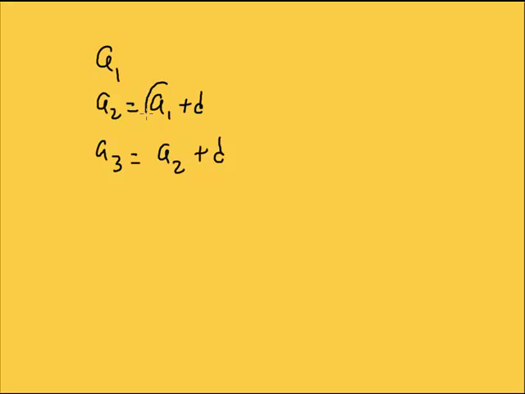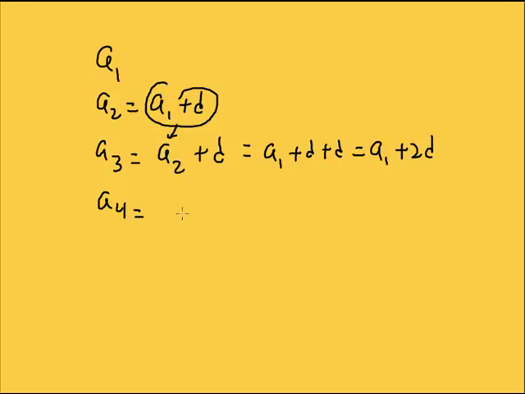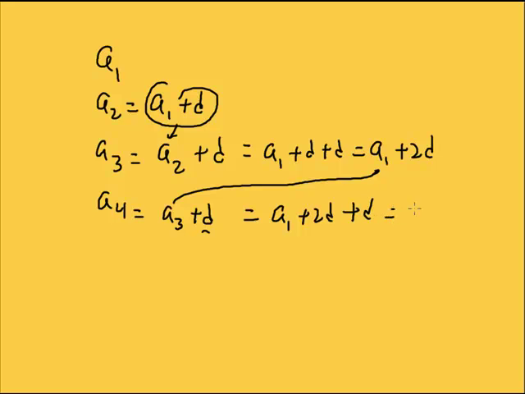But a sub 2 is nothing more than a sub 1 plus d, so I'm going to substitute that in, and I'm going to get a sub 1 plus 2d. Then I do the same thing for the next term, a sub 4, which is a sub 3 plus d. A sub 3 is a sub 1 plus 2d, so I replace it, and then plus another d at the end, which gives me a sub 1 plus 3d.